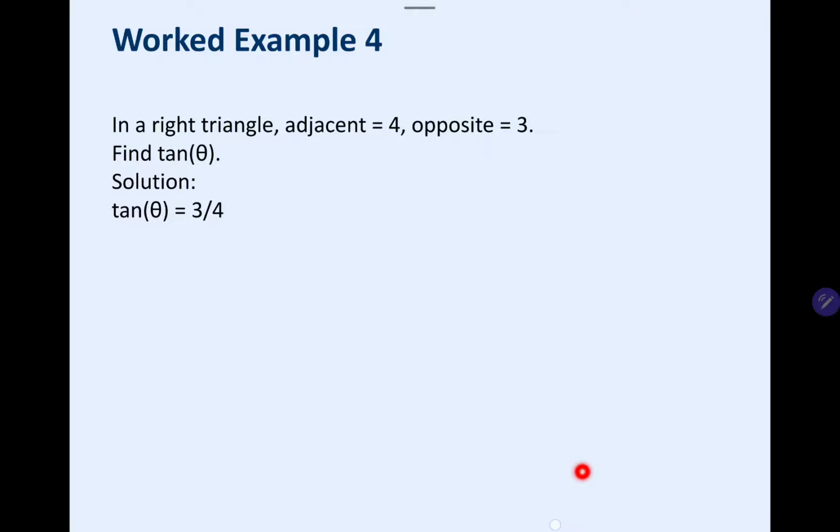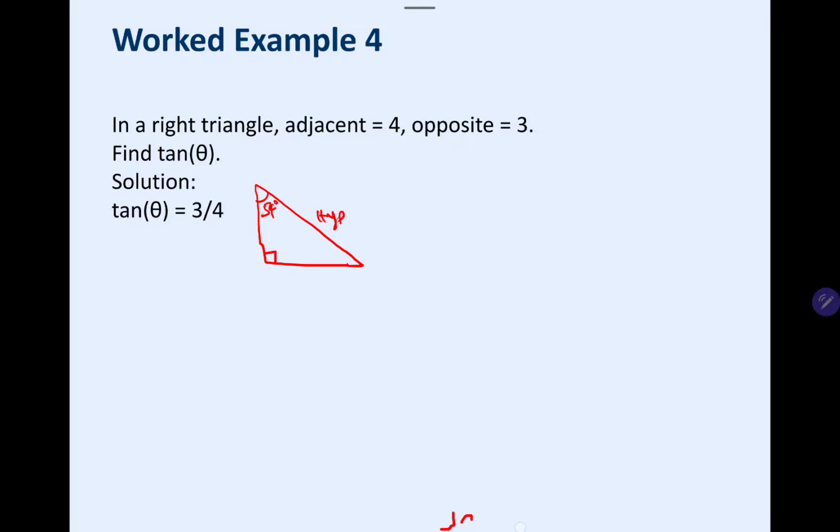Let's say we are given a right triangle. The side opposite the right angle is the hypotenuse, and we're given an angle theta of 54 degrees.